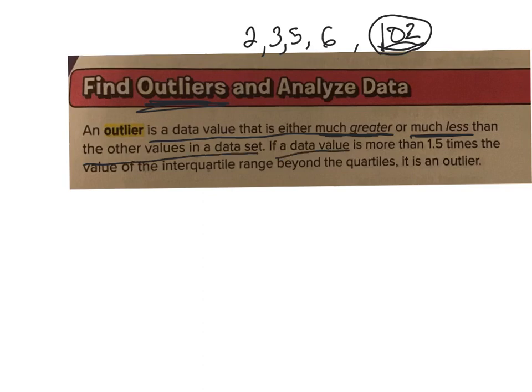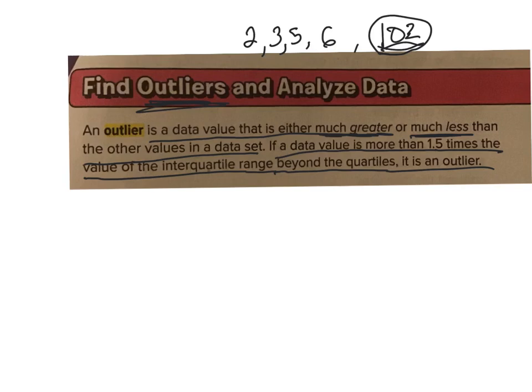If a data value is more than 1.5 times the value of the interquartile range beyond the quartiles, it is an outlier. Okay. This is a lot.